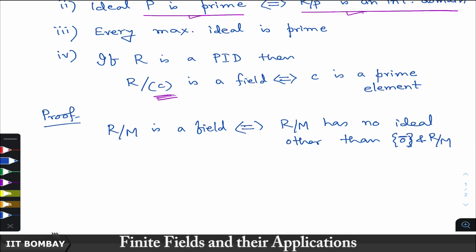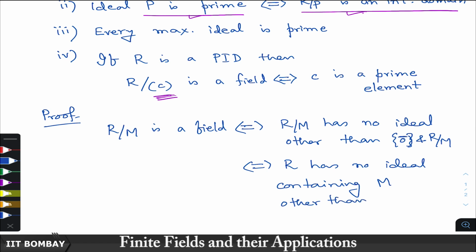Now, we have discussed that ideals of R by M have a one-to-one correspondence with ideals of R which contain M. So, what this is saying is that R has no ideal containing the ideal M other than M itself and R itself.